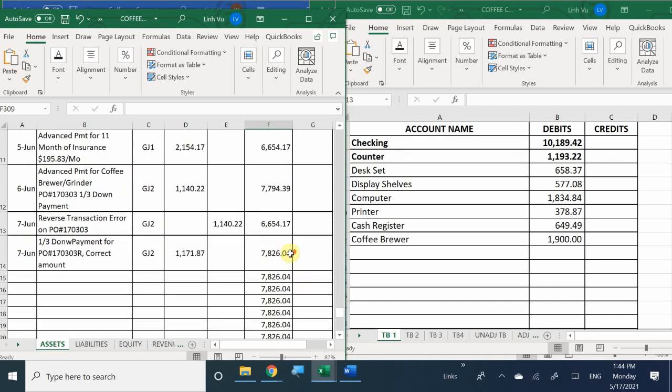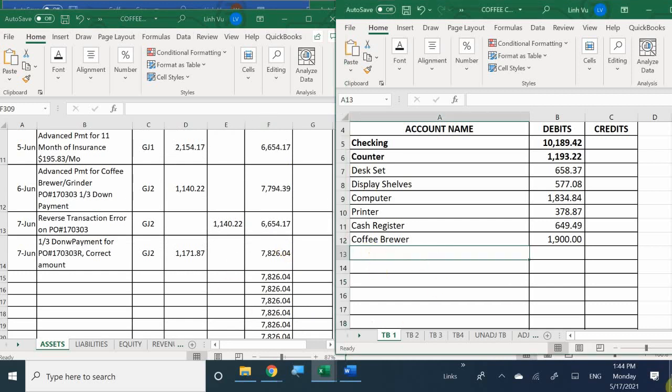Now, do we have an account balance under prepaid accounts? Yes. Yes, we do. And just like it's mentioned here, I'm going to also reflect that this is a main account. Okay, prepaid accounts. For how much? 7826.04.